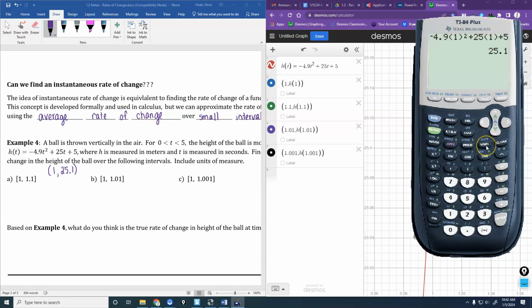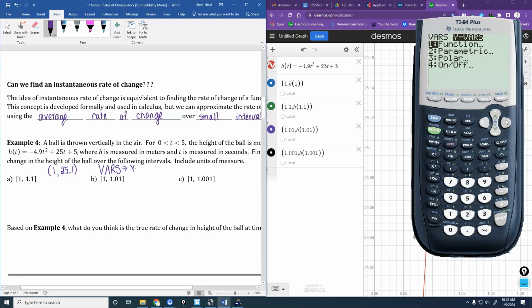If you hit, I'm going to write this down, vars, which stands for variables. You're going to go over to y vars. So hit the over button to go over to y vars. And then you want to choose one function.